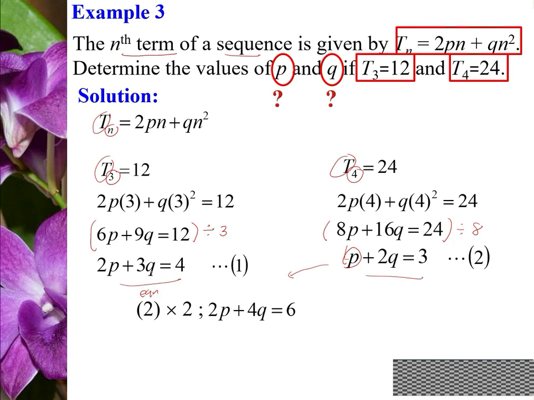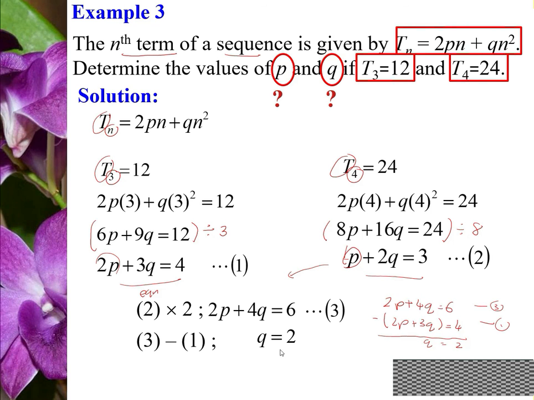Next, since your first equation already has 2p, and you know that if we deduct this new equation with the first equation, p will be eliminated. Okay, so this new equation, we call it 3. Let's say 3 minus the first equation, you get q equal to 2. Let me write this down for you.